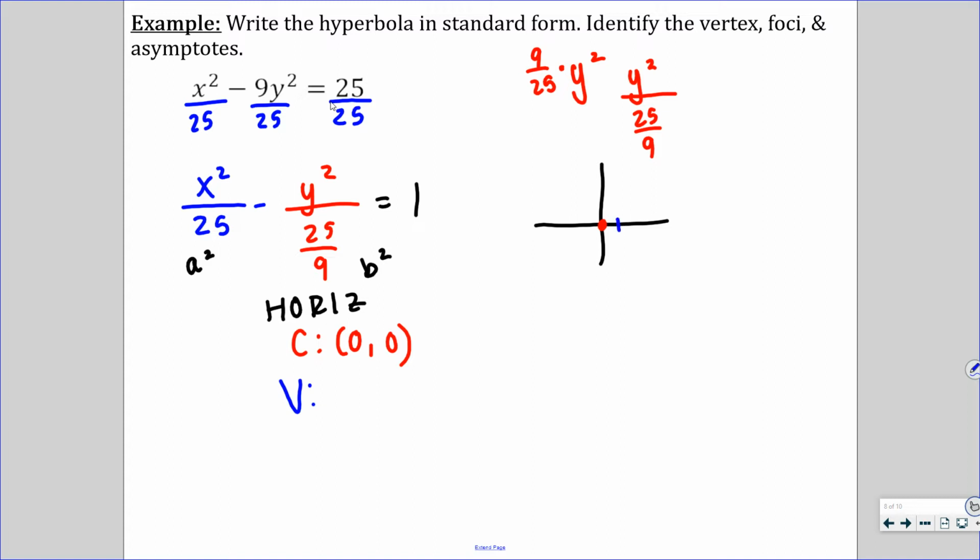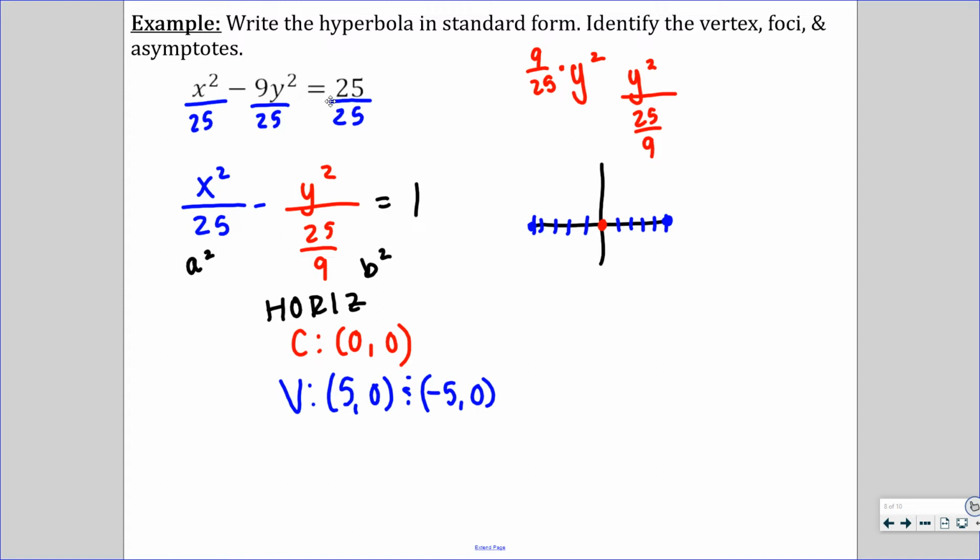It's going to be 5 units this way, and negative 5, 0. Good. That was one thing they asked me to identify. Do we have to put horizontal or vertical? Yeah, put what orientation it is.